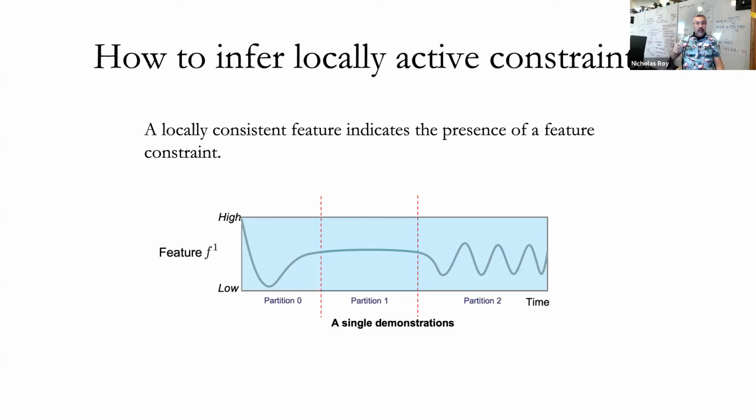So the question is, can we actually search for partitions in a single trajectory that are partitioned by the variance of the trajectory? If we partition this toy example, you can see that the motion of the trajectory along a feature is going to be low variance. This is a two-dimensional trajectory.